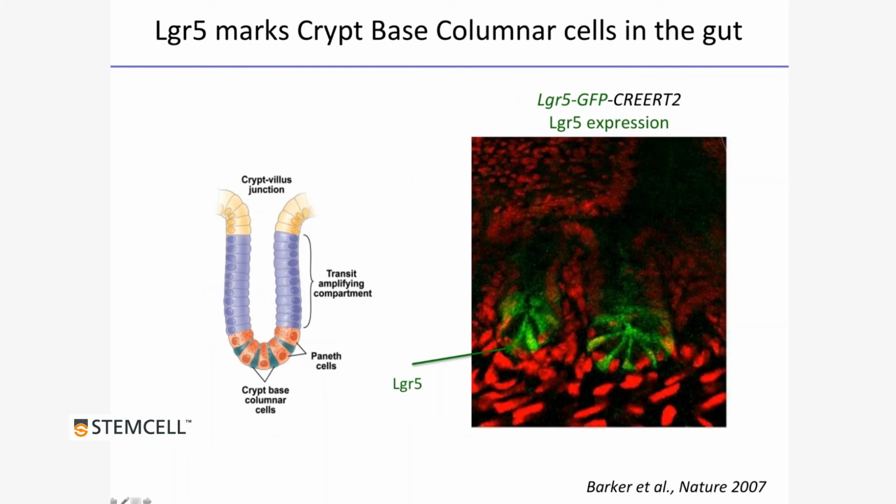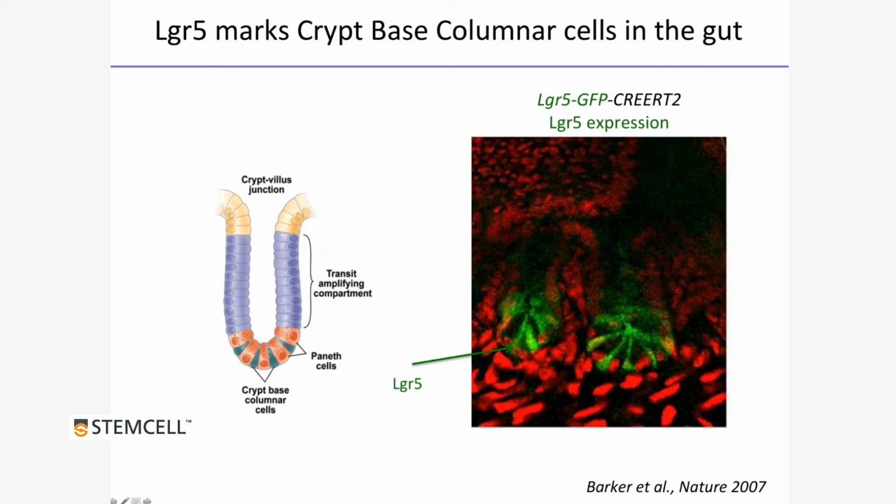He identified that this LGR5 protein, a 7-transmembrane domain protein, was marking exclusively a subset of cells at the very bottom of the intestinal crypts. This had been previously described as the crypt-based columnar cells.